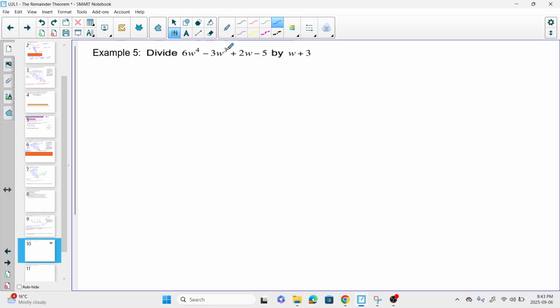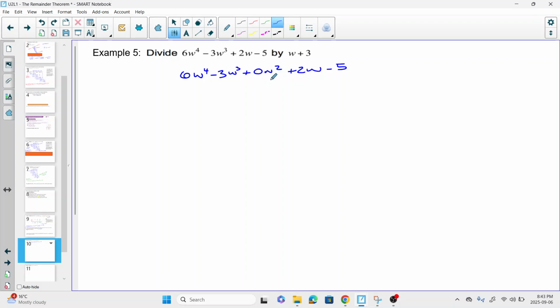We have degree 4, 3, but we're missing one of our values. So we need to rewrite this as 6w to the power 4, minus 3w cubed, plus 0w squared, plus 2w, minus 5.